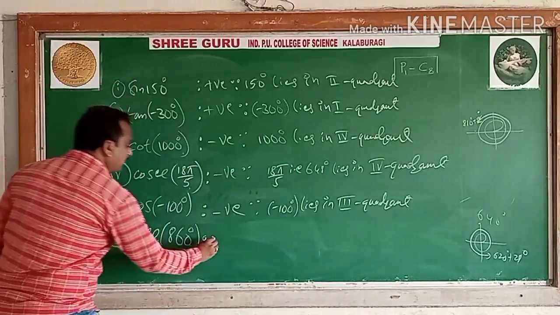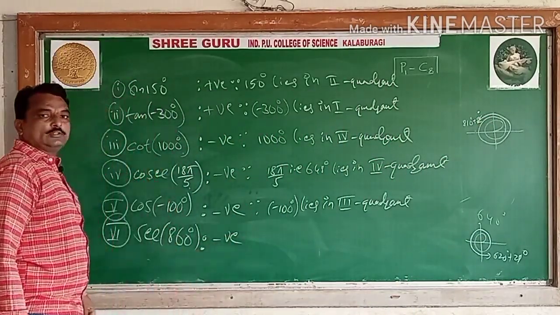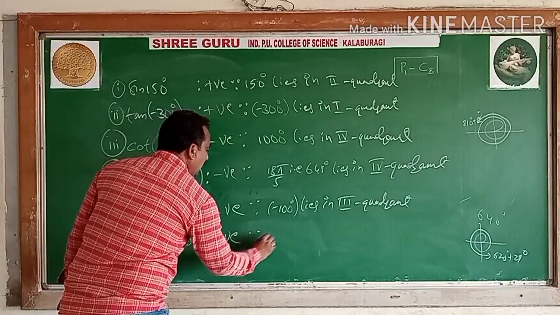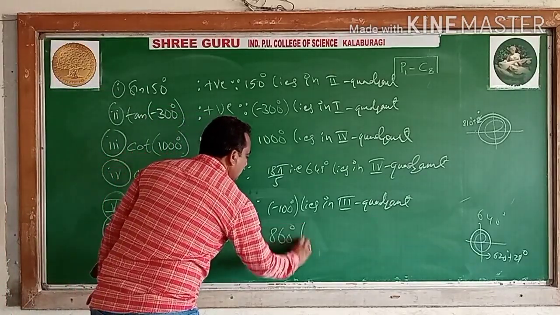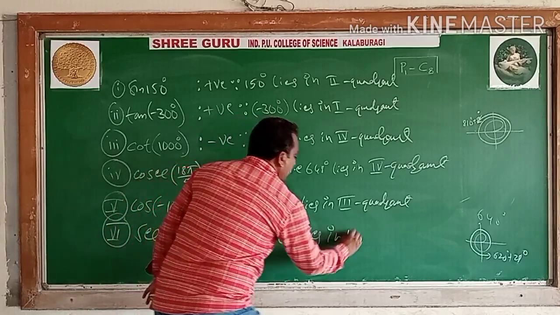Which function is it? Sec. So sec is negative. Only sine and cosec are positive because this angle lies in the second quadrant.